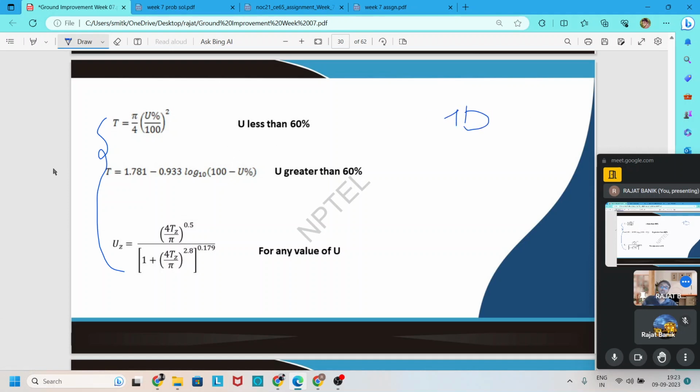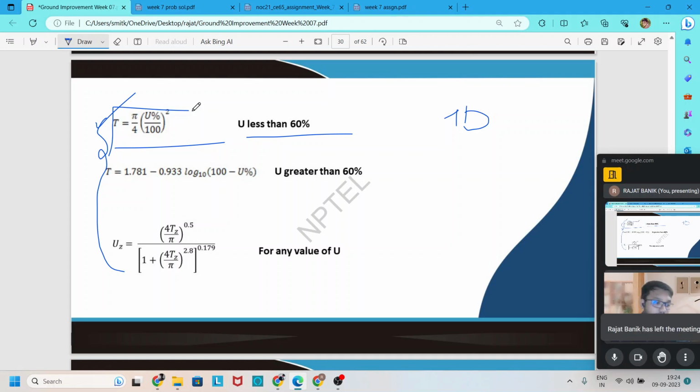So for 1D consolidation, and for vertical drain also, vertical consolidation, we use this formula. If the degree of consolidation is less than 60%, we use this formula: Tv, the time factor, is equal to pi by 4 into (U by 100) squared. If the degree of consolidation is greater than 60%, Tv is equal to 1.781 minus 0.933 log10 (100 minus U).